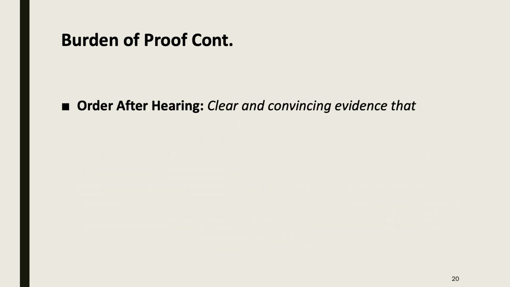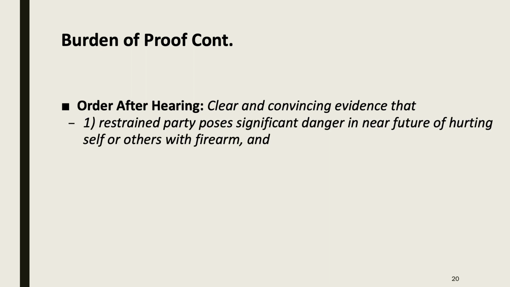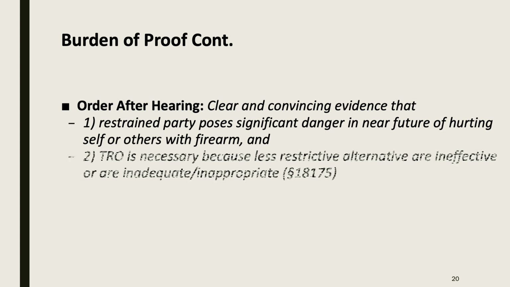The order after hearing is based upon clear and convincing evidence that the restrained party poses a significant danger in the near future of hurting himself or others with a firearm, and the TRO is necessary because less restrictive alternatives are ineffective or are inadequate or inappropriate.